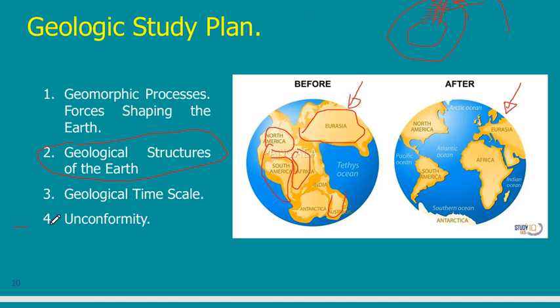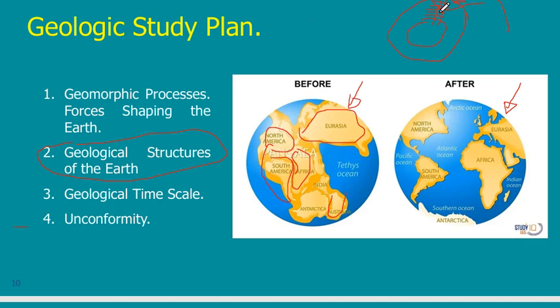So in this case, I will have something called unconformity. Unconformity means the layers are not in the normal sequence. It was progressing in a special sequence, then suddenly, as if you are going here, you reach this level.